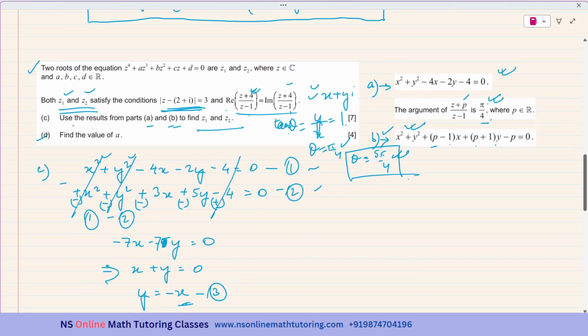Subpart D. Find the value of A. A is over here. So how to find this A? If we write the standard form of a polynomial of degree 4, it is A x to the power of 4 plus B x to the power of 3 plus C x to the power of 2 plus Dx plus E is equal to 0.